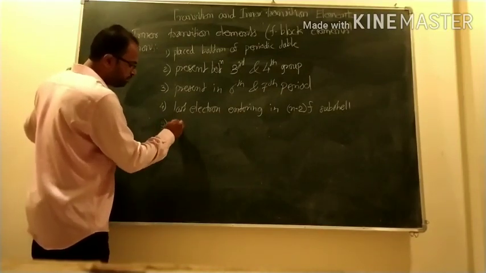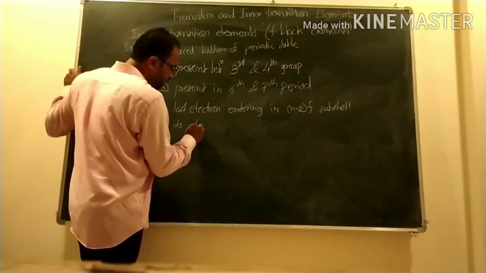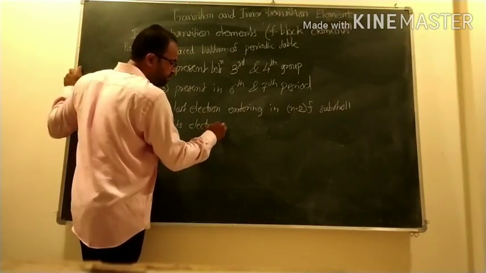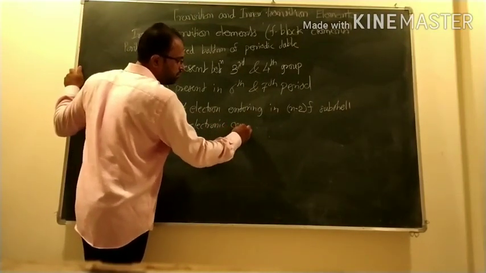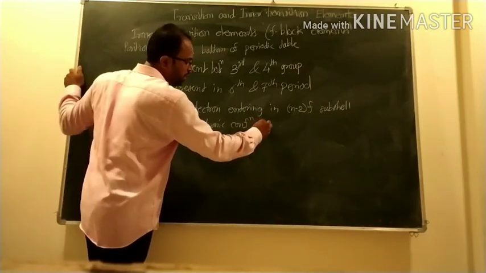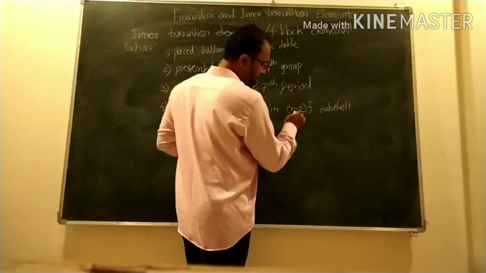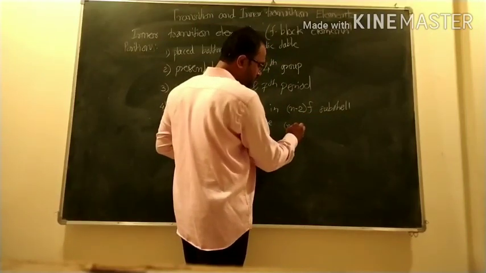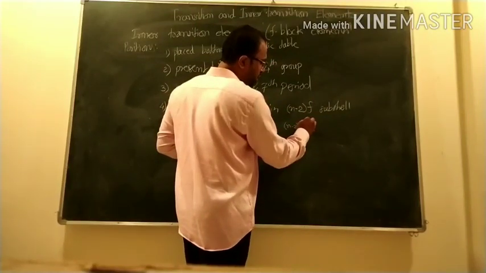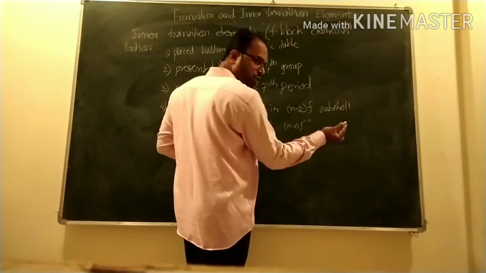Its electronic configuration: first is the (n-2)f subshell, which has 1 to 14 electrons.